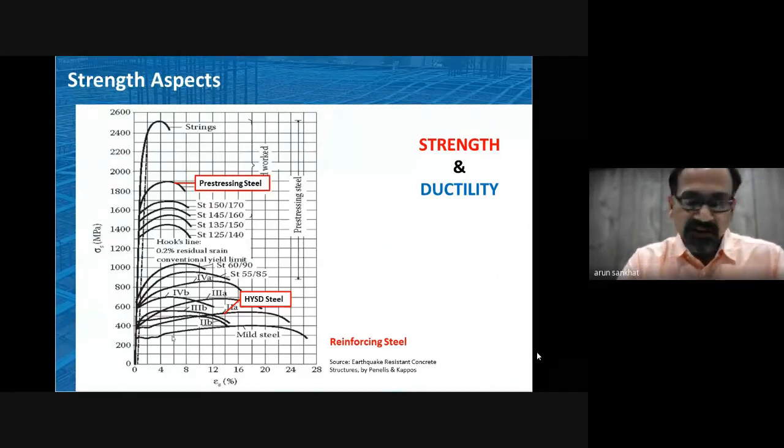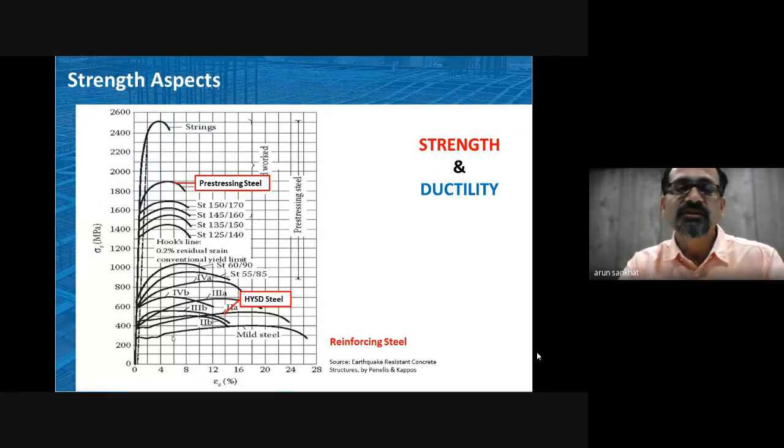Now, in the strength aspect, there are aspects related to the material as well. If you see this graph, this is the stress versus strain graph of metal. It starts with mild steel. Mild steel has a range of around 250, going up to maybe 400 ultimate strength.